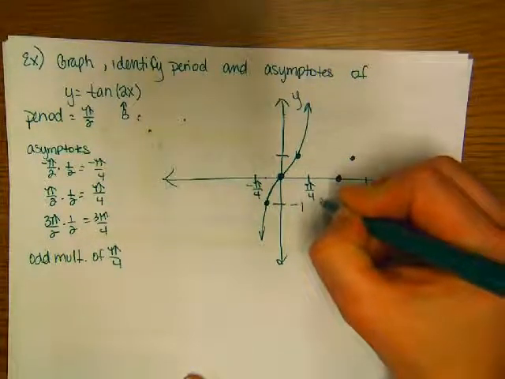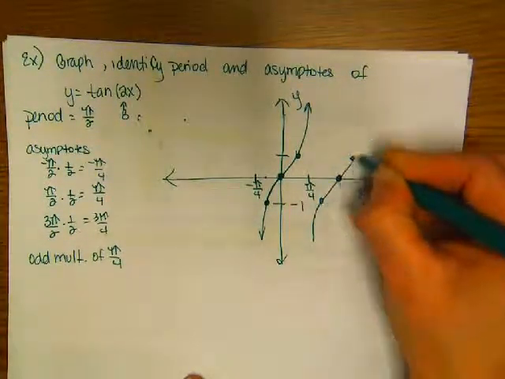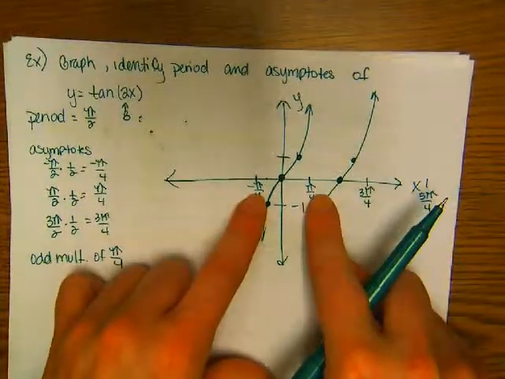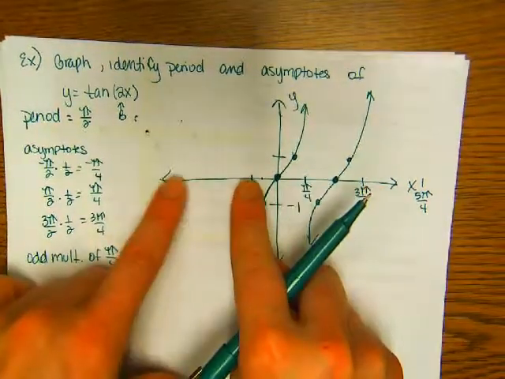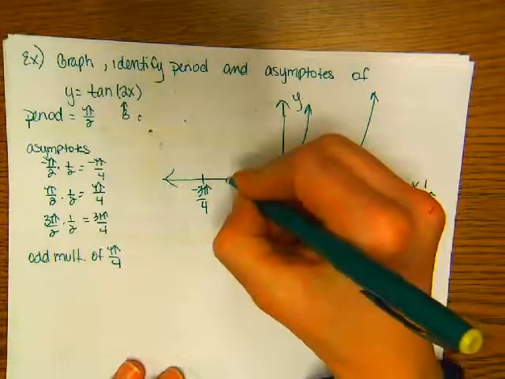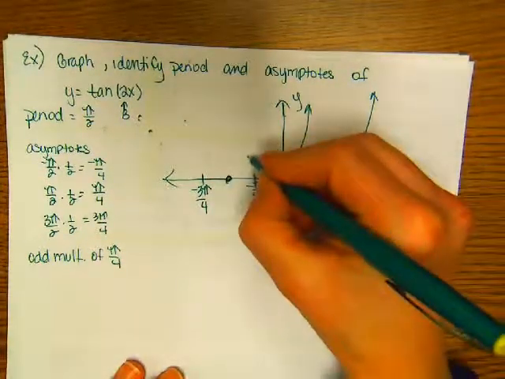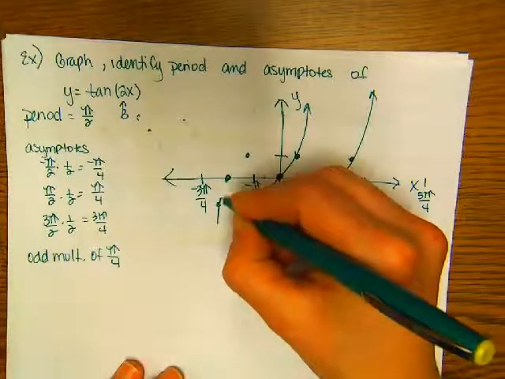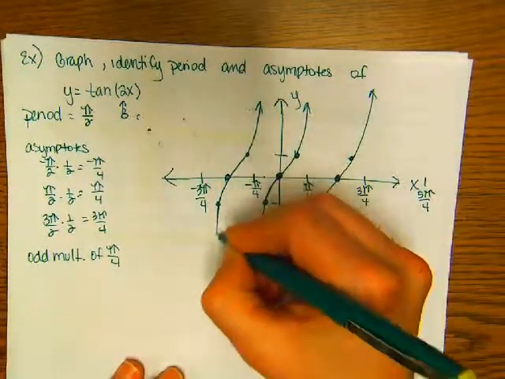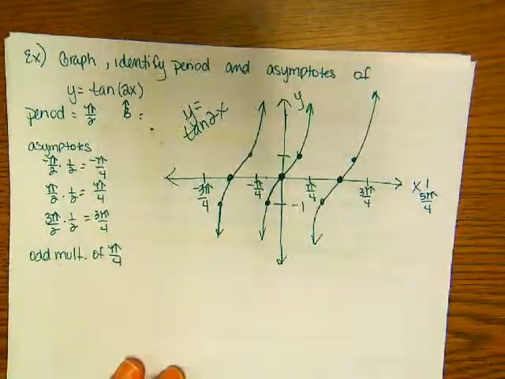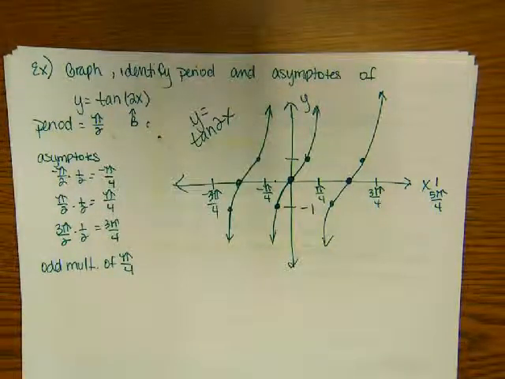Halfway between the x-intercept and asymptote, we're going to graph 1 and -1 y values. I'll do one going back so I get 3 periods in. I'm going to go to negative 3 pi fourths this way. There we go. Y equals tangent of 2x.